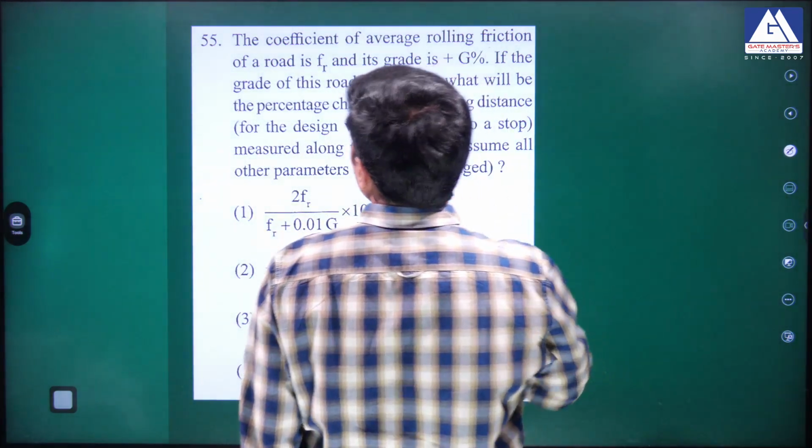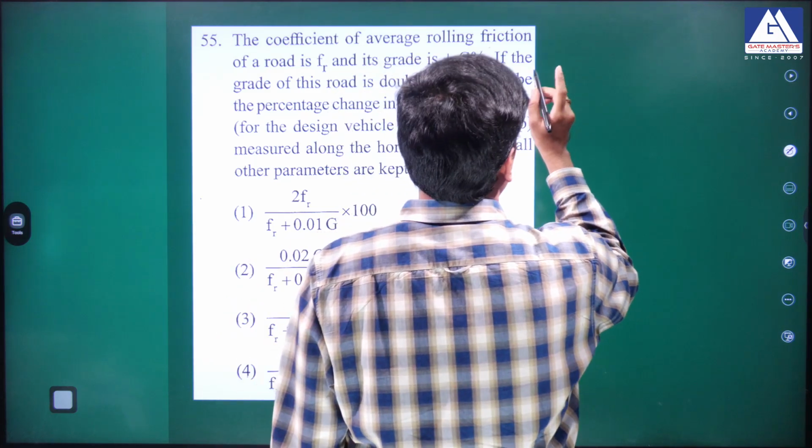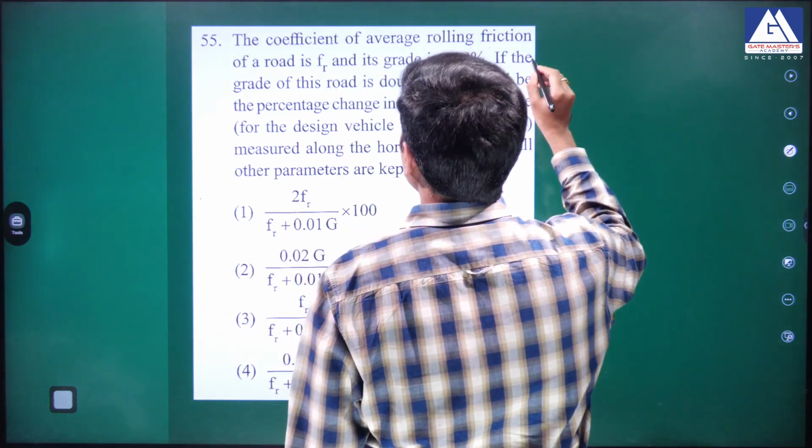Here there are conditions. There are two sections, basically it is a single section only, but an if condition is used here.